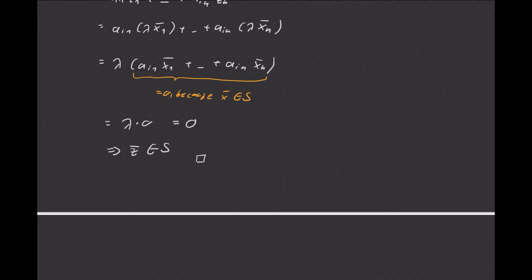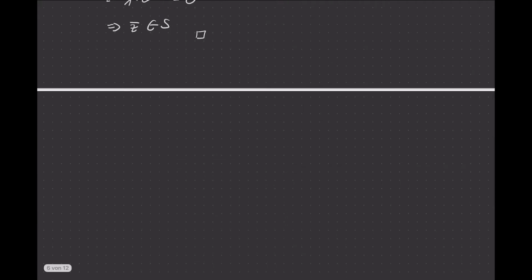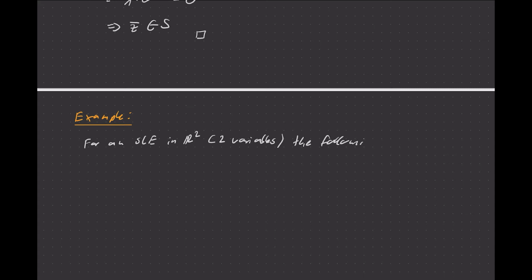Just as a quick example, what does that mean for R to the 2? So for an SLE, system of linear equations in R2, meaning we have two variables, we can have the following cases.